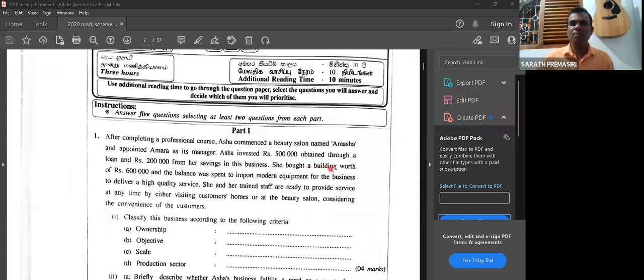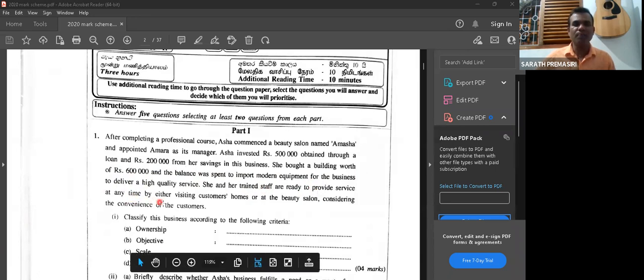She bought a building worth rupees 600,000 and the balance was spent to import modern equipment for the business to deliver a high quality service. She and her trained staff are ready to provide service at any time by either visiting customers' homes or at the beauty salon, considering the convenience of the customers.